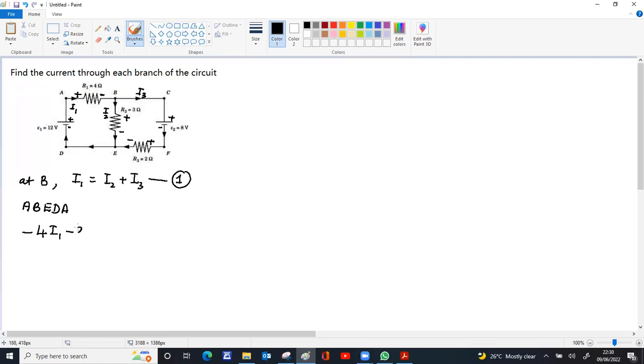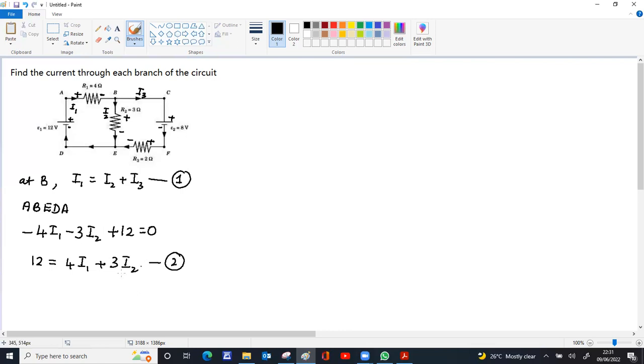So minus 3 I2. E to D nothing. D to A, D is entering through minus, coming out from plus. So plus 12 equal to 0. If you transfer I1 and I2 terms to the right side, 12 is equal to 4I1 plus 3I2. Equation number 2.